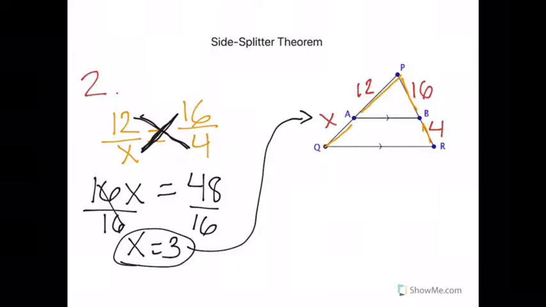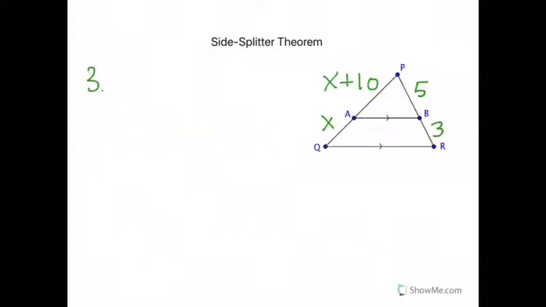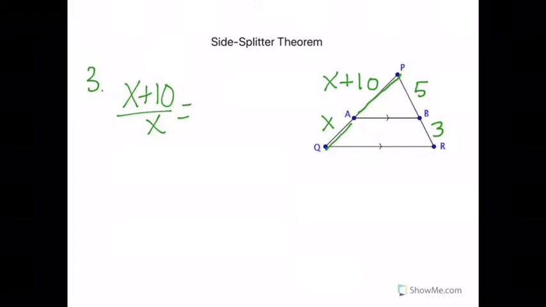So let's do one where the algebra is a little bit harder. Right, number 3. The segments on the left side, x plus 10 and x, and the segments on the right side, 5 and 3. All right, let's set up our proportions just like before. x plus 10 over x equals 5 over 3.